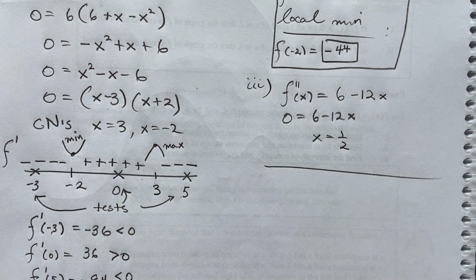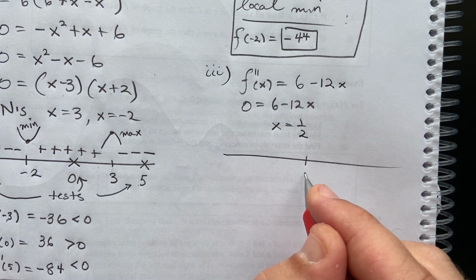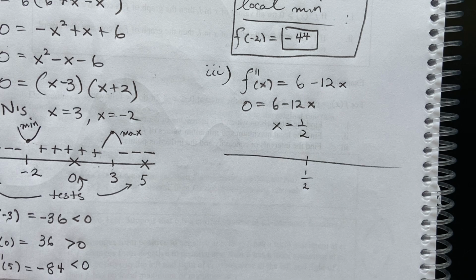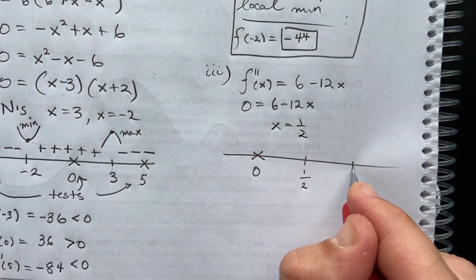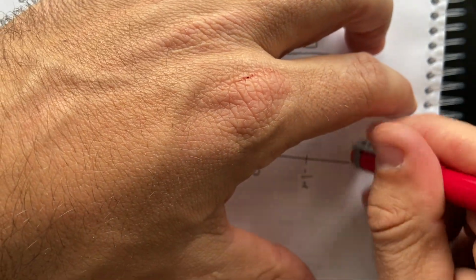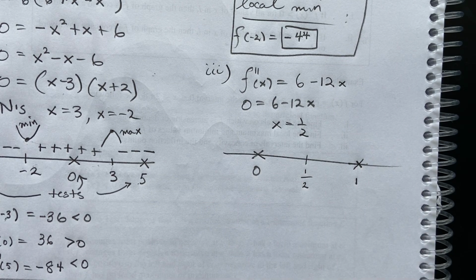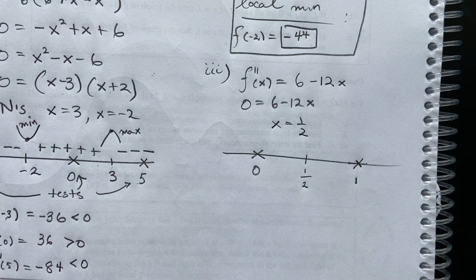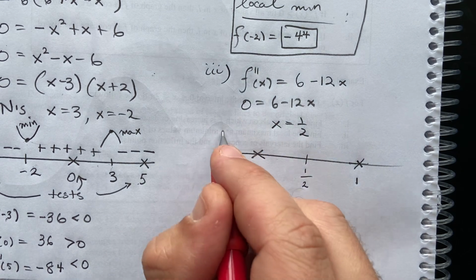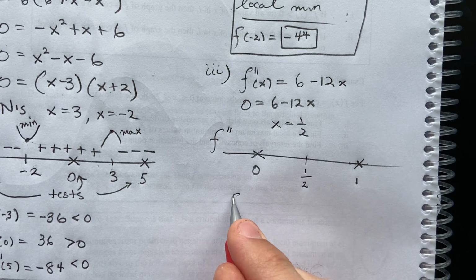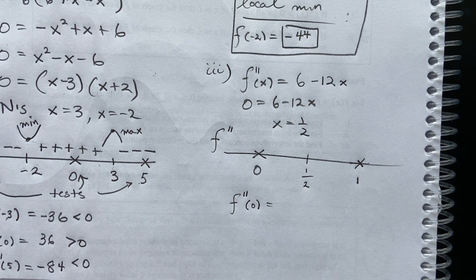So now I do a sign chart for the second derivative to figure out concavity. I'm placing 1/2 on that sign chart. I'll test at 0 and 1. Let me make my x. All right, so this is, by the way, f double prime, so I'm going to test f double prime at 0 to see what the concavity is doing there.